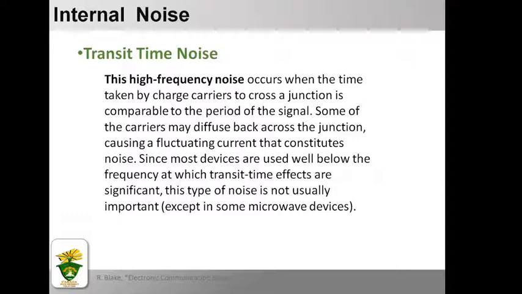Some of the carriers may diffuse back across the junction, causing a fluctuating current that constitutes noise. Since most devices are used well below the cutoff frequency, these transit time effects are not significant. This type of noise is not usually important except in microwave devices.